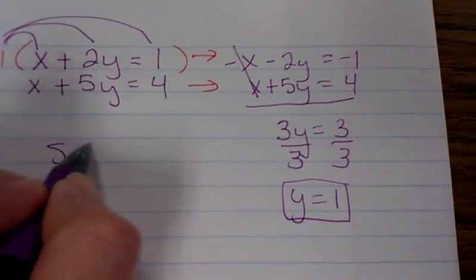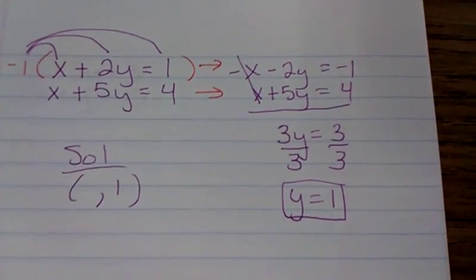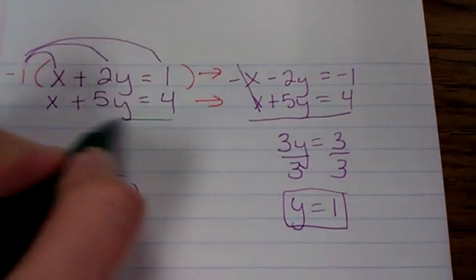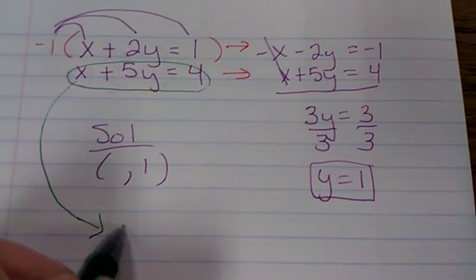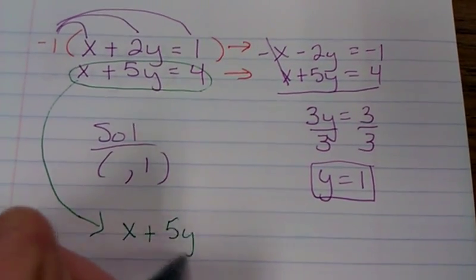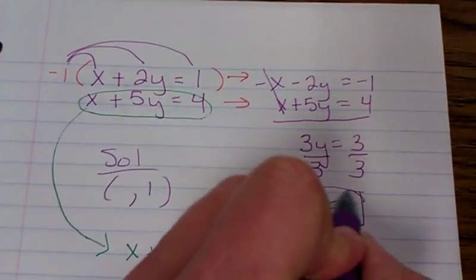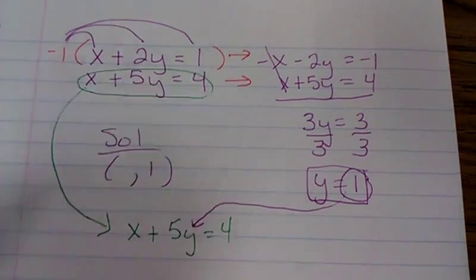So for my solution, I have my y number to be 1, but I need to find my x. Again, it does not matter which one of these I choose. Let me take this one here, and I'm going to bring it down and rewrite it. I've got x plus 5y equals 4. y equals 1, so I'm going to substitute it in here.